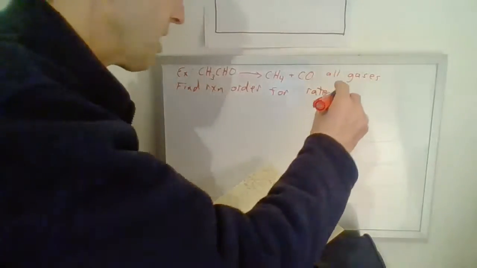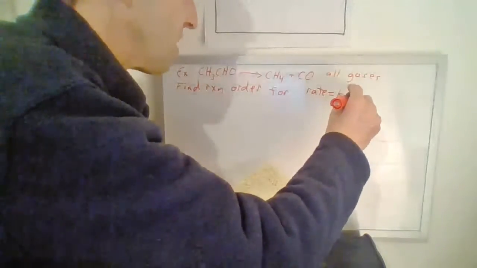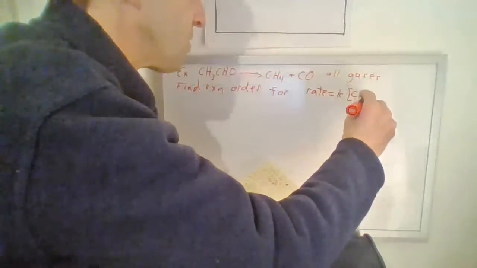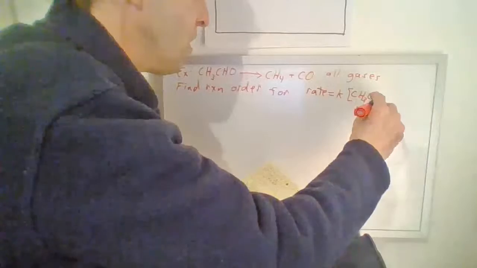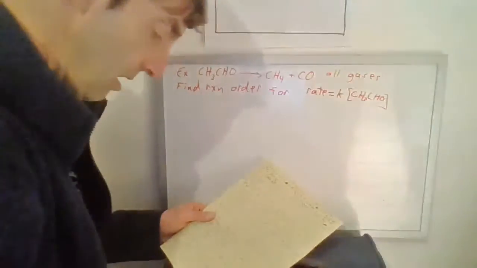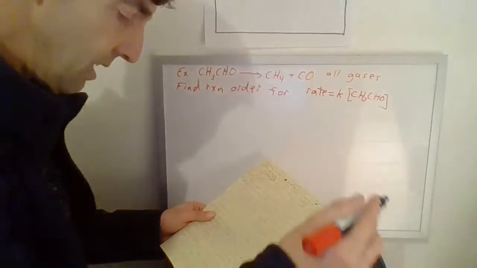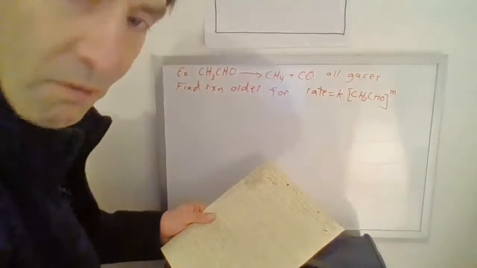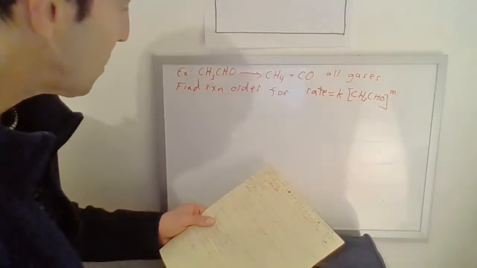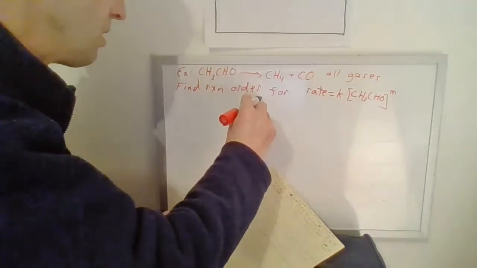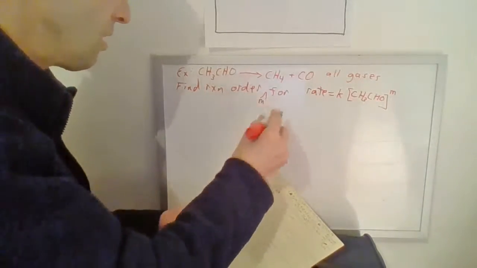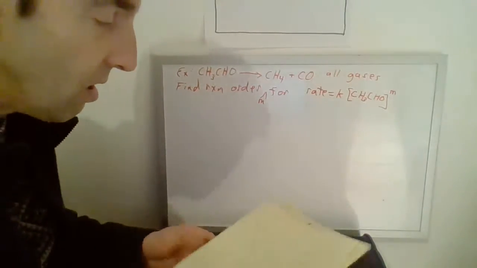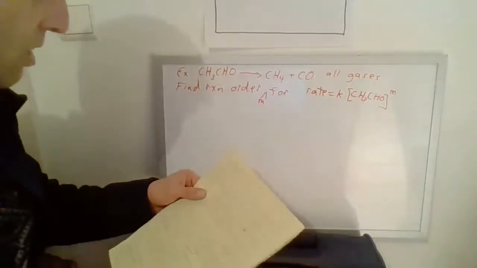So we're going to write the chemical in brackets, CH3CHO, and we're going to write M up here. We don't know what it is, so we're going to let our variable be M. So essentially, we're trying to find the reaction order M for this thing. How do we do it? We do it with lots of data.